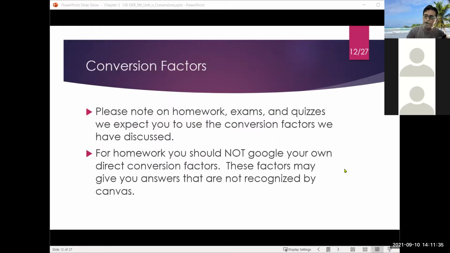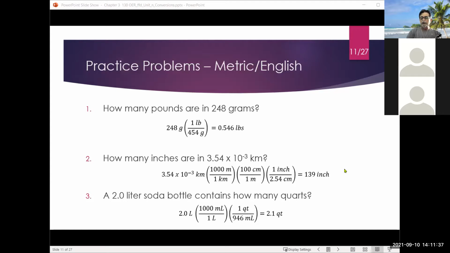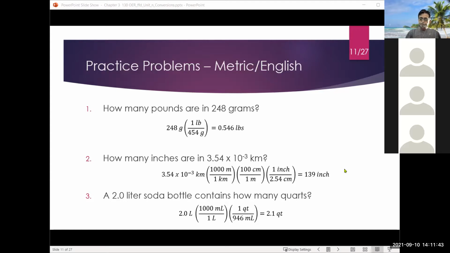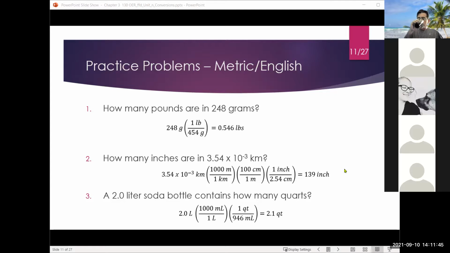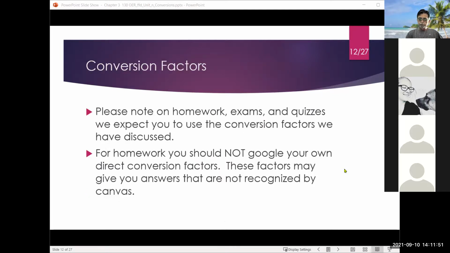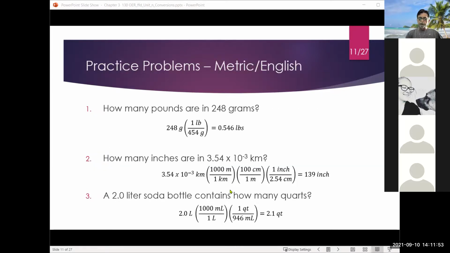All right, any questions right now with respect to these types of conversion factors? Okay, yeah, go ahead. I just have one question. When you rounded up with the last example, why didn't we round up with the one that we just did on number 2? We rounded up on the previous examples you gave us, but why didn't we round up for that one?